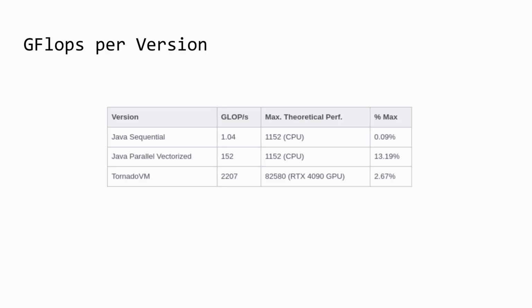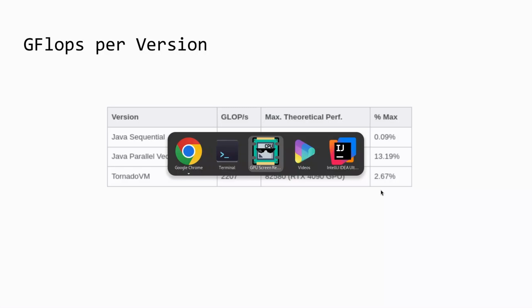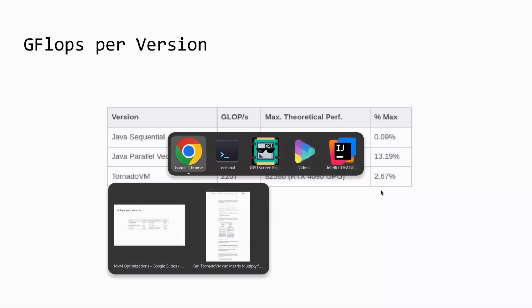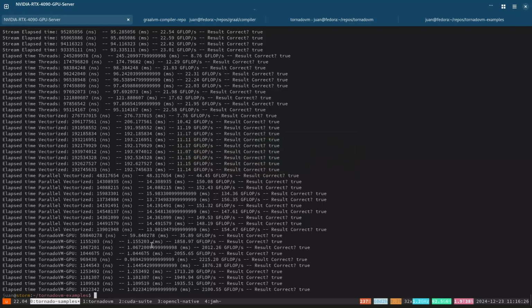To understand this number, what we can do next is take the native example from the CUDA suite and compare it with Tornado. So let's do that. By the way, I just ran it in the background while I was explaining the table. We see here that Tornado achieved around 2 teraflops for this application, which is quite good.